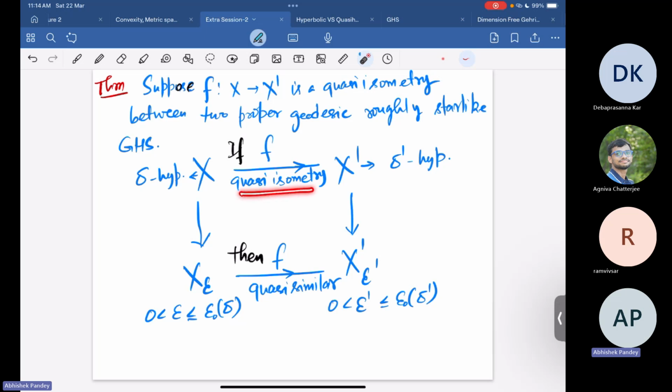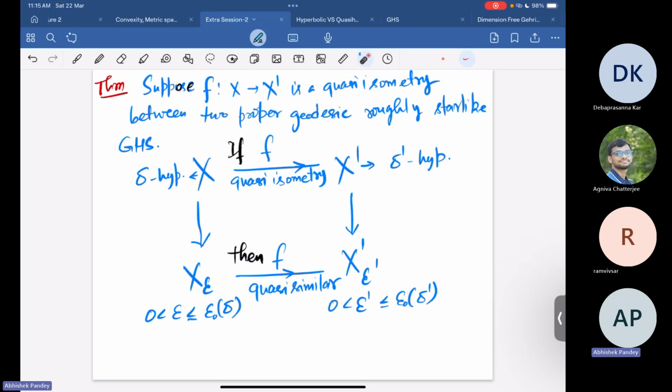So if we have a quasi-isometry between X and X', where X is delta hyperbolic and X' is delta' hyperbolic, and the conformal deformation of X is, let us say, X_epsilon, and the conformal deformation of X' is X'_epsilon', then the result says that f induces a quasi-similarity between X_epsilon and X'_epsilon'. So a quasi-isometry between two Gromov hyperbolic spaces gives a quasi-similarity between the deformed spaces.